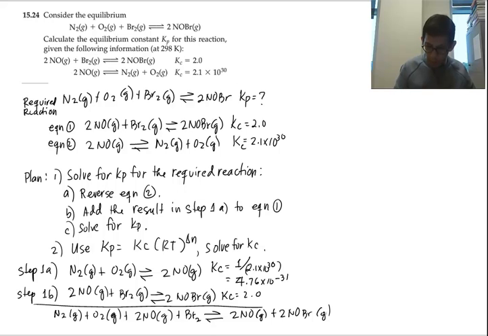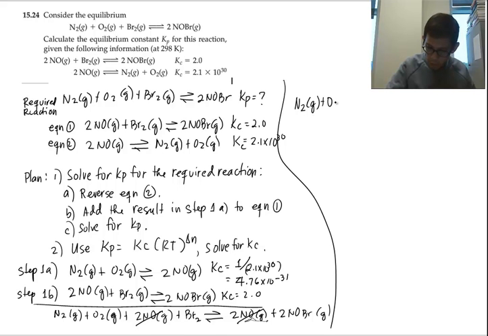Okay, so 2NO is common to both sides, so we get rid of the 2NO. So our resulting equation now becomes N2 plus O2 plus Br2, and on the right side we just have 2NOBr. Notice that this here is our target equation, isn't it?